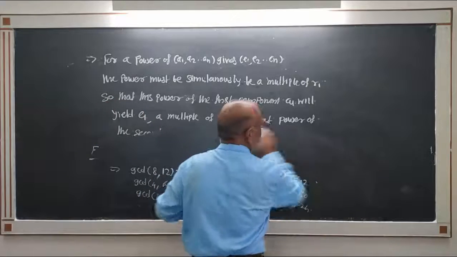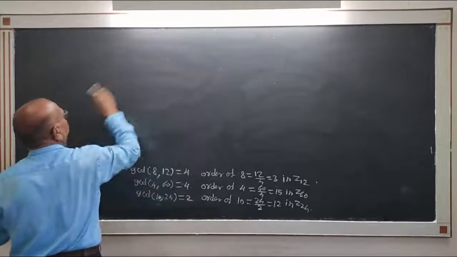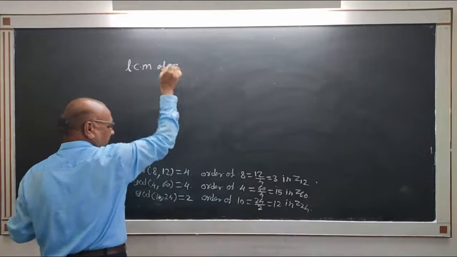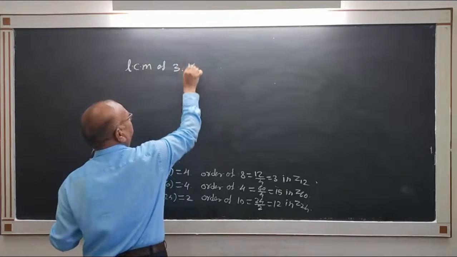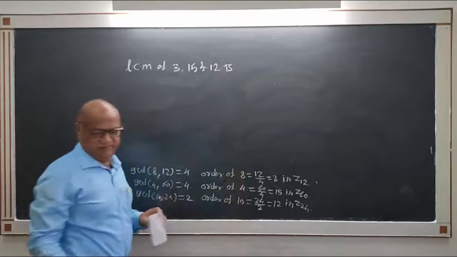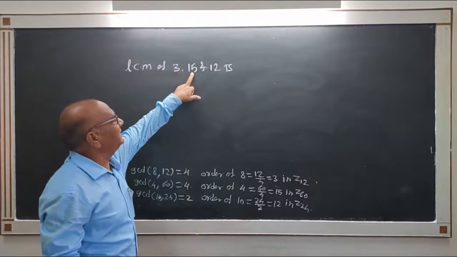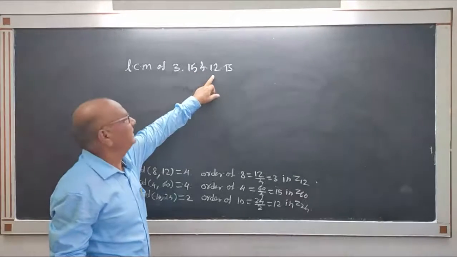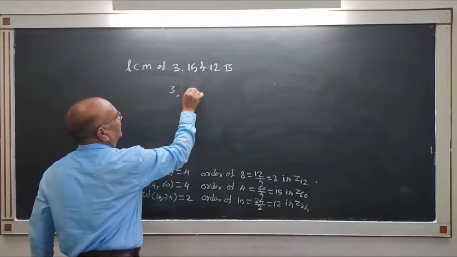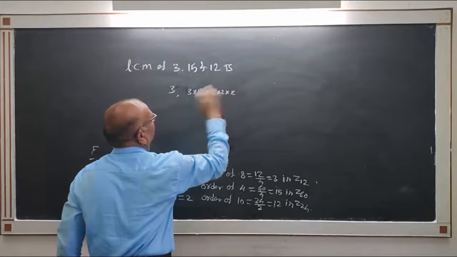Then LCM of 3, 15 and 12 is... here the common factor is 3. If it is 3, here 3 into 5, here 3 into 2 into 2.